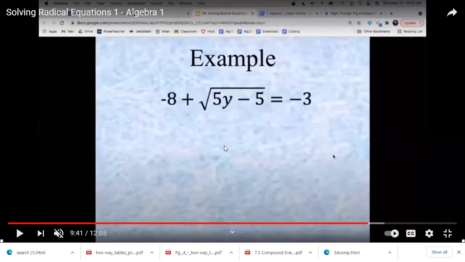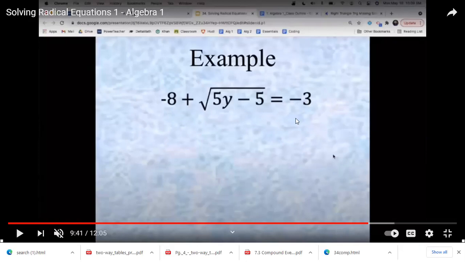Another question. How can we solve this question? We will transfer -8 to the opposite side and change the sign, or we can say that we will add 8 to both sides. Then -3 plus 8 equals 5.